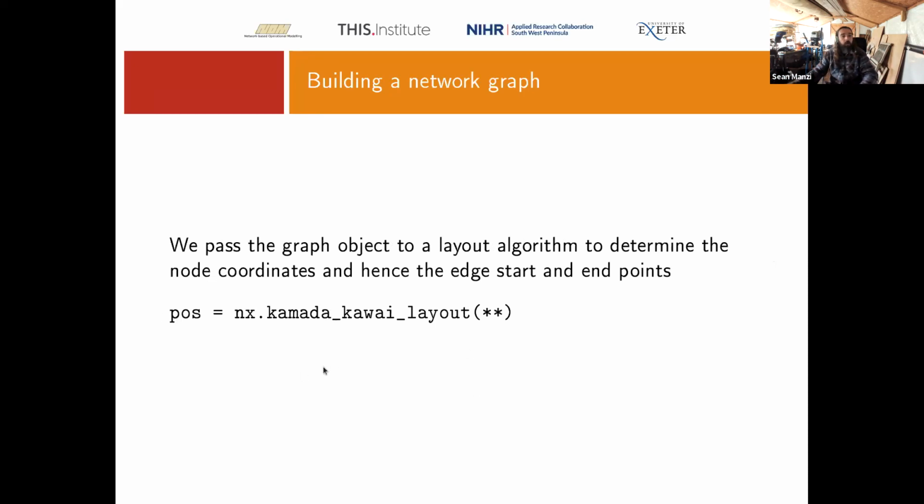So now that our graph object has its nodes and edges in it, we can determine how that's going to look. What we need to do is pass the graph object into a layout algorithm that works out how to position the nodes relative to each other and then join them up with the edges.